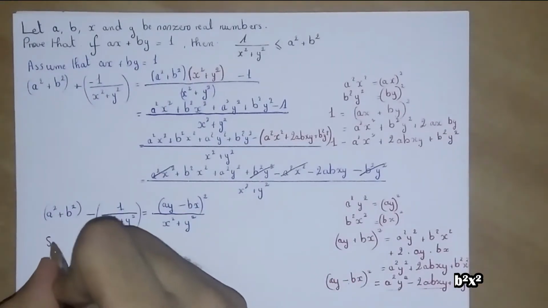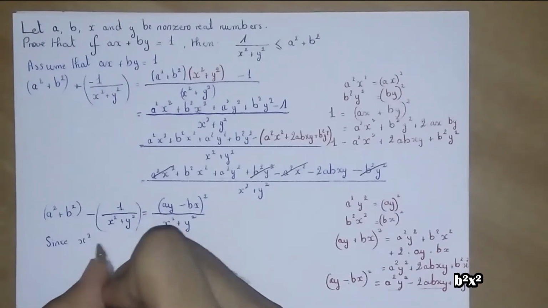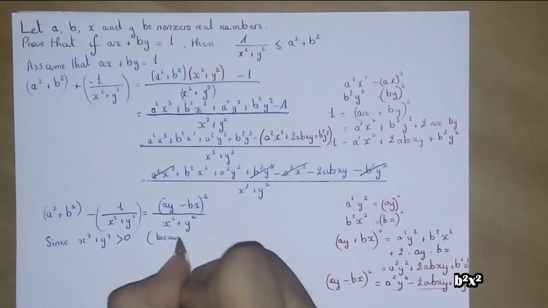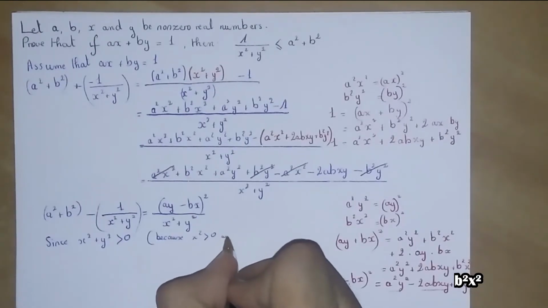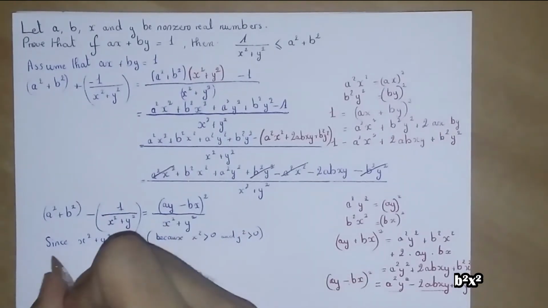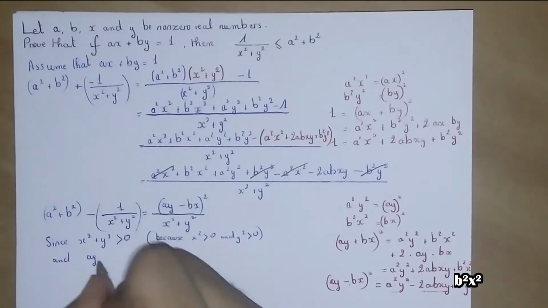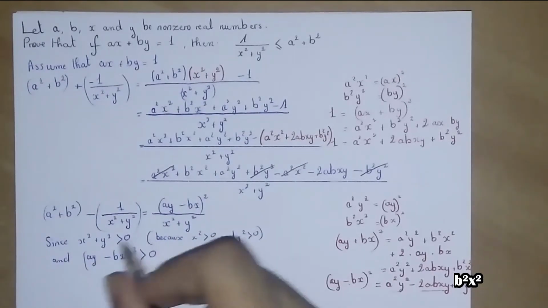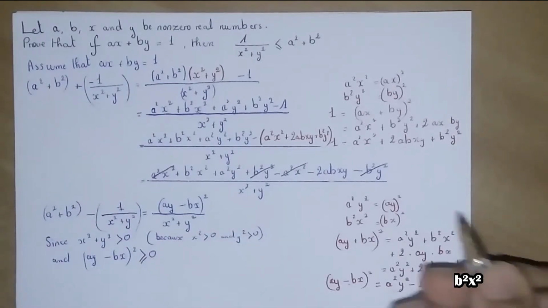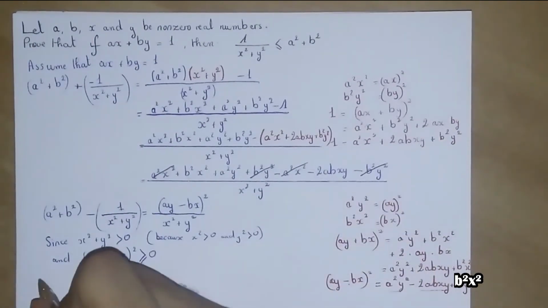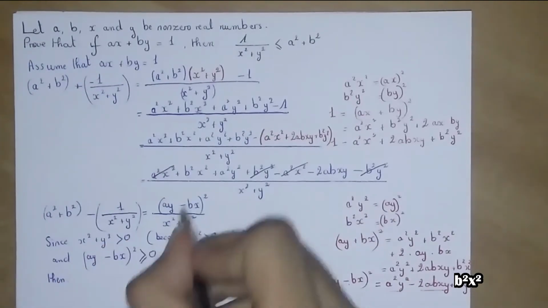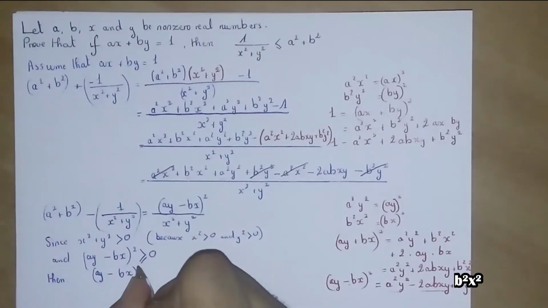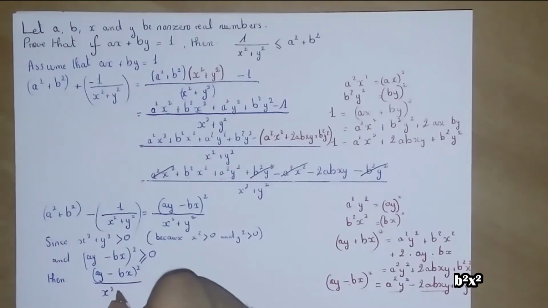So I will say, since x squared plus y squared is positive, because each of these is positive, and the numerator ay minus bx all squared is also positive, given that it is, well, a square, well, this one is just positive, not strictly, then the ratio of two positive numbers cannot be anything but positive, which means that this ratio is indeed positive.